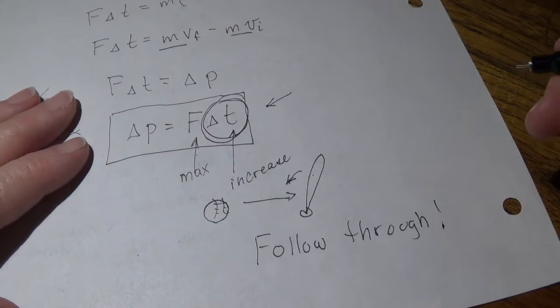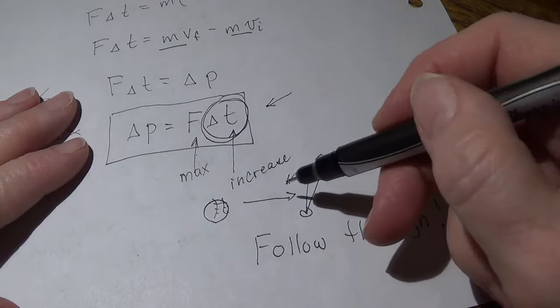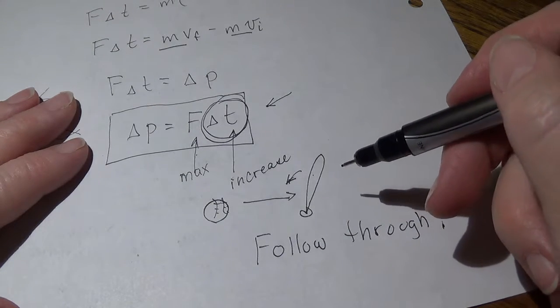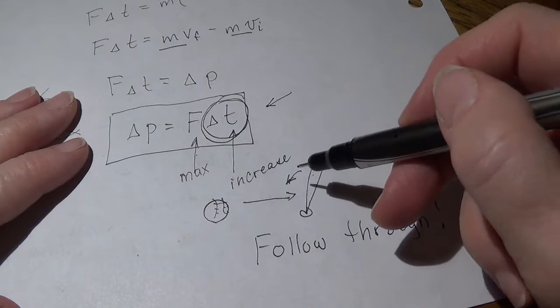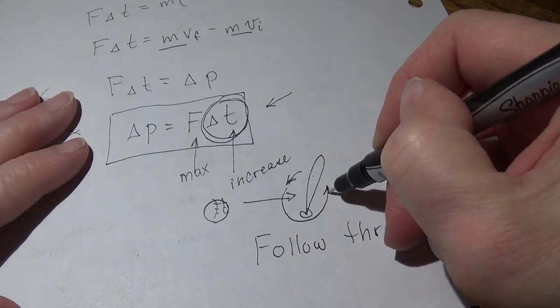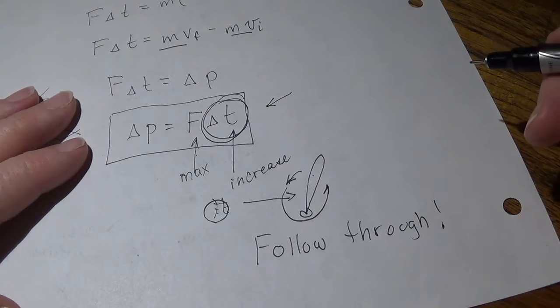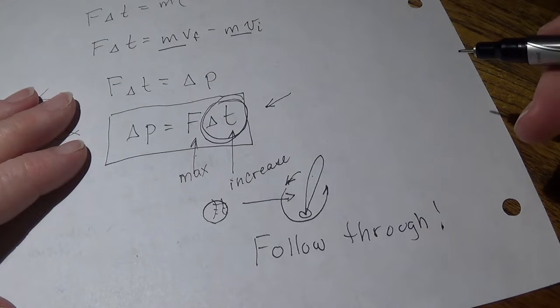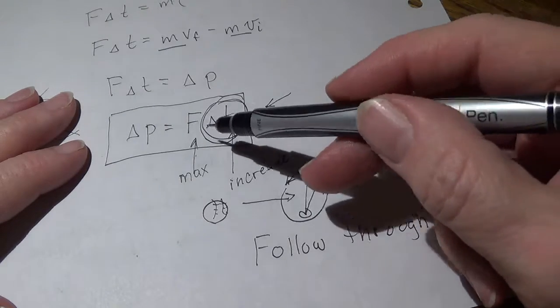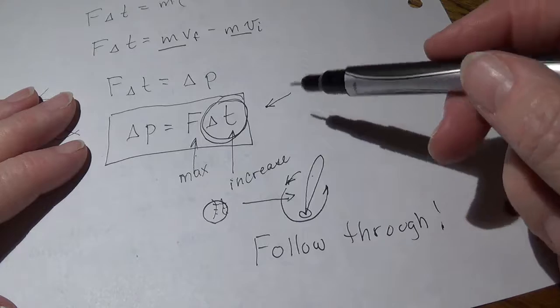Follow through is when you hit the ball, but you continue your swing after the ball is hit. And just that motion of that continued swing all the way around seems like it might be a waste of time, because you need to drop the bat and run to first base, but it is not. That follow through will increase the change of time of contact.